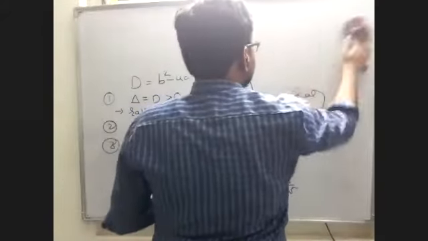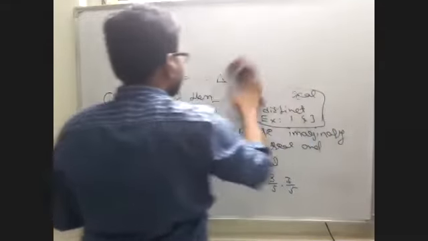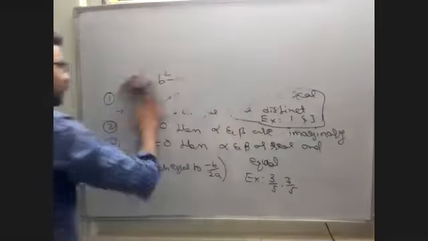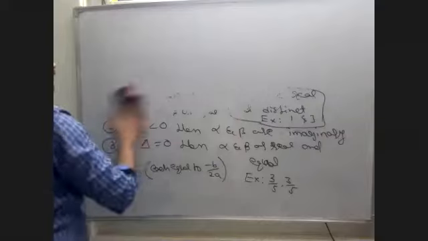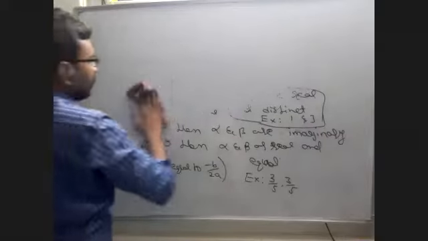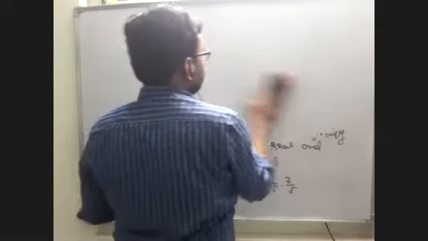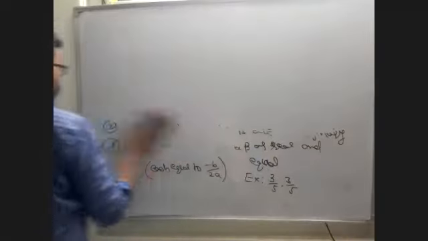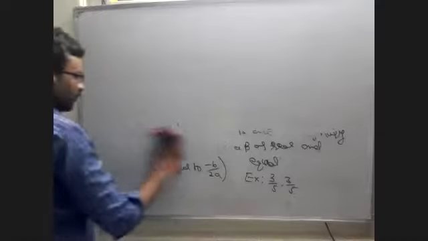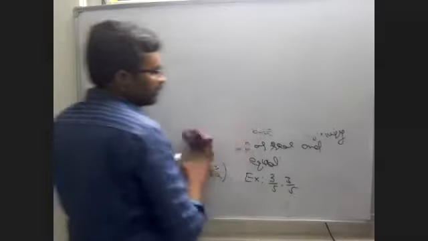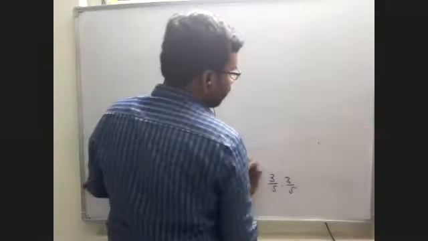If delta greater than 0, then the roots are distinct and real. If delta less than 0, then the roots are imaginary. If delta equal to 0, then the roots are real and equal.